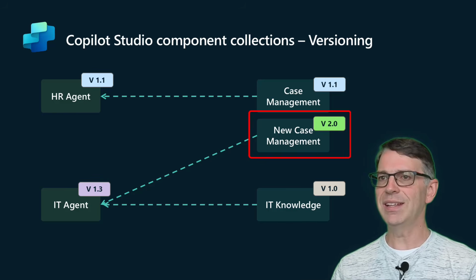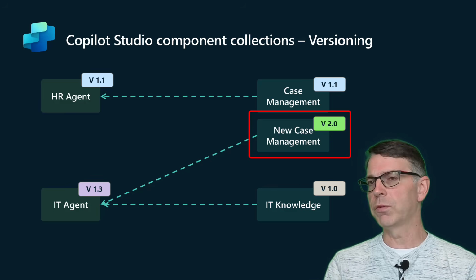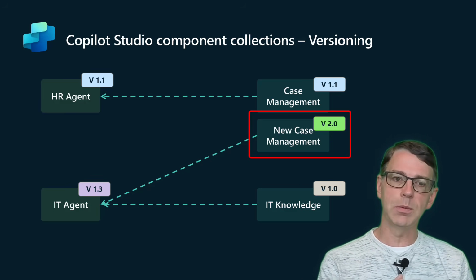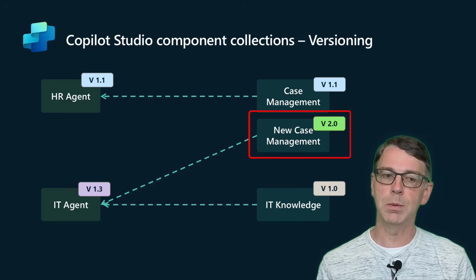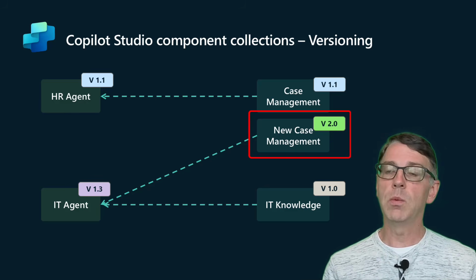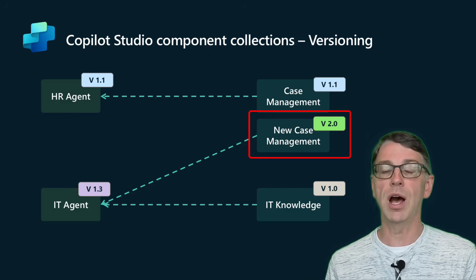But imagine that the IT service management, case management system is being moved from, let's say, ServiceNow to Dynamics. And I need to be able to get that new case management capability out. And so the IT management system, we want to be able to version that over, or we want to be able to release this 2.0 version.